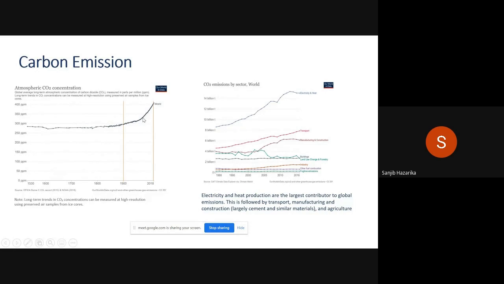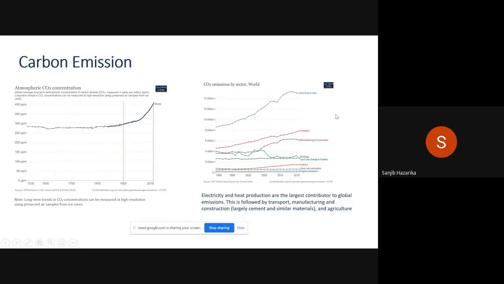We can say around 1950 or during that time, because of all the new inventions and also a lot of other requirements like electricity, cars, transportation, all those things.